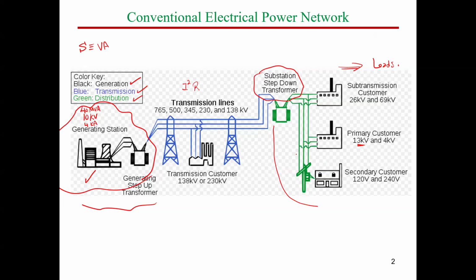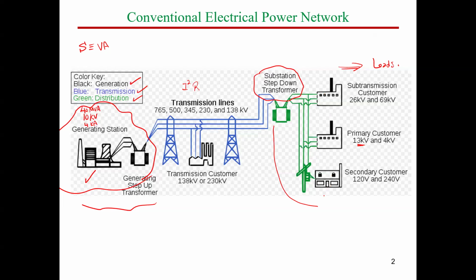Can he start generating power to this grid? We would have some problems now: problems in stability, problems in power flow, problems in protection. A lot of problems we would have if you have some sources at the load side.